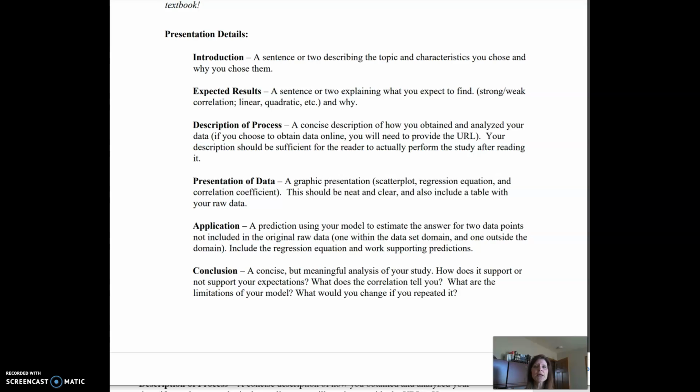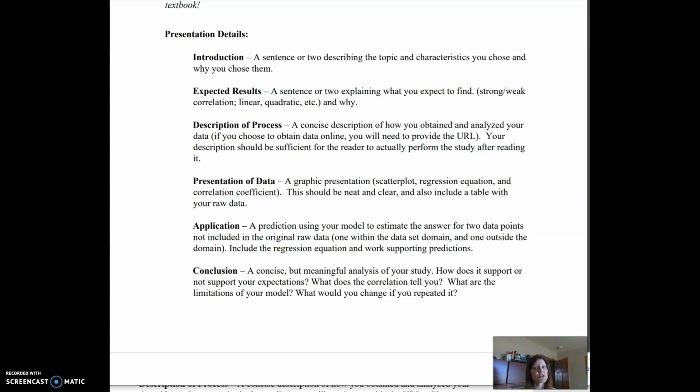So for example, if I'm comparing wingspan and height, and I collected all the heights of people and they were all between 5'2" and 5'8", so 5'2" is 62 inches, 5'8" is 68 inches, I might say, okay, what about someone who is 64 inches? What would my model say their wingspan should be? That's interpolating, it's within.